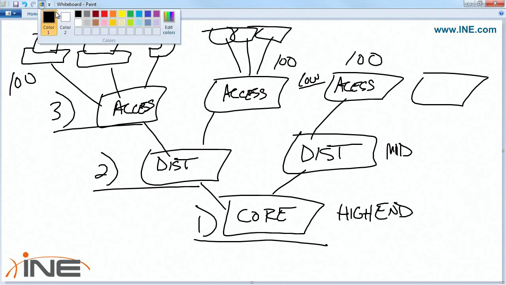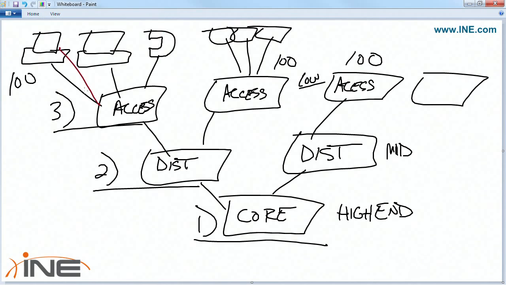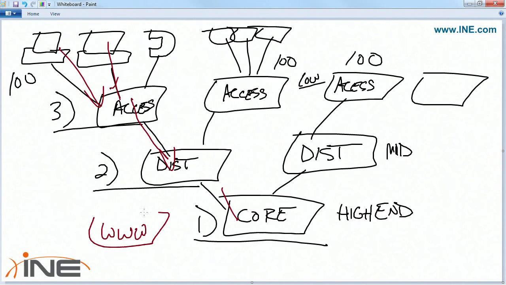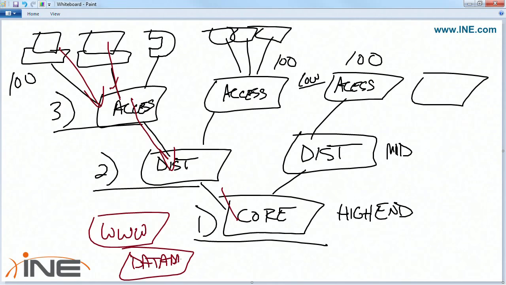Basically, their goal is just to get the traffic to come from the end hosts, somehow get into the core of the network, and then maybe this is where we have our web servers, or this is where we have our database servers. So as we start to build the local area network, or the LAN, we'll look at specifically how these pieces fit together, and how we get the traffic from our end host, let's say host A, to our web server B, or to our database server C.